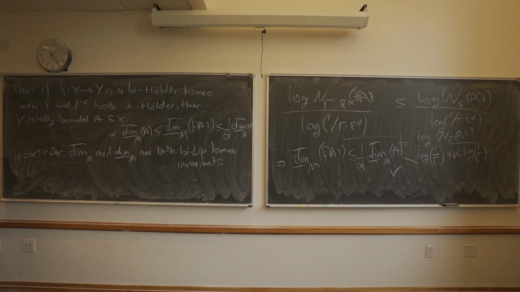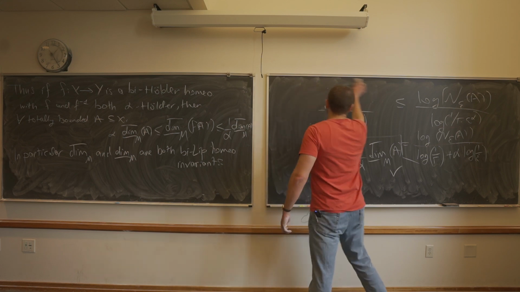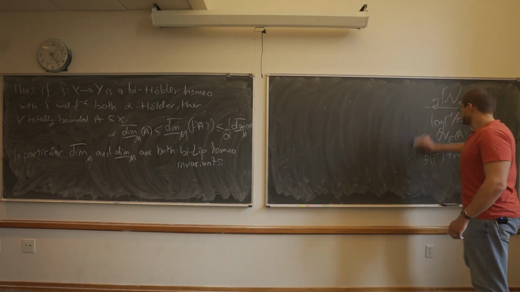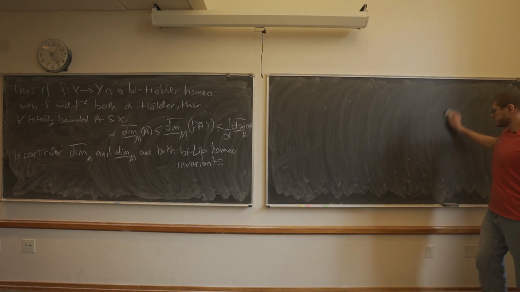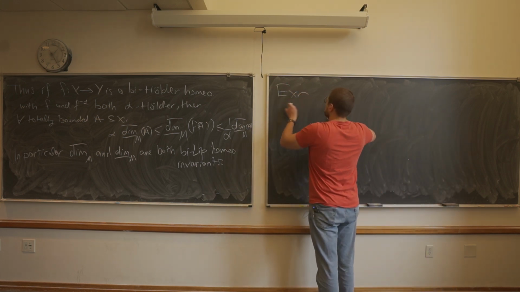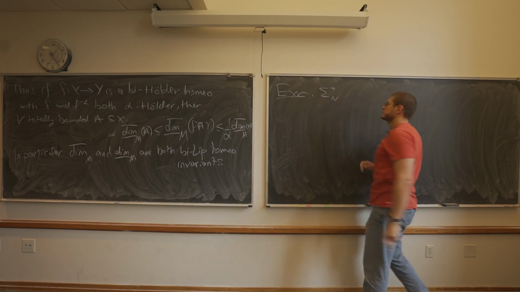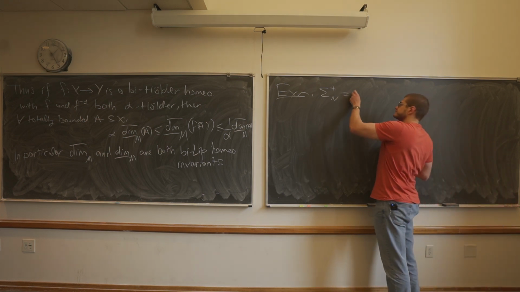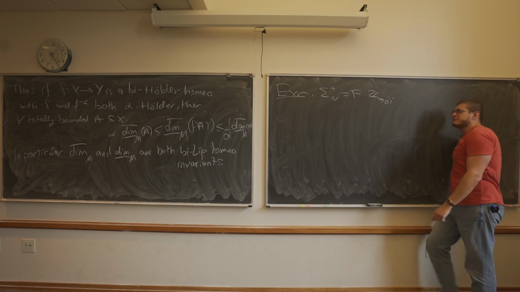Now, here's the next exercise. Let's look at shift spaces. That's the space of sequences, one-sided, with symbols 1 to n.